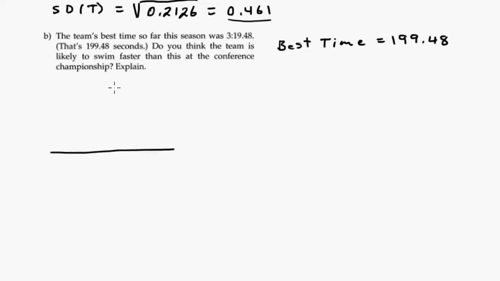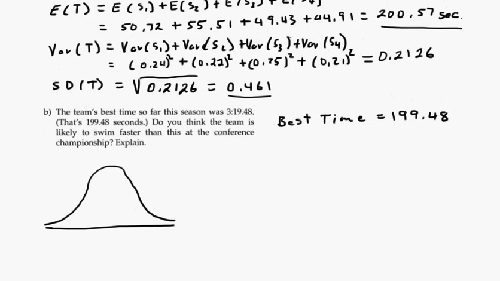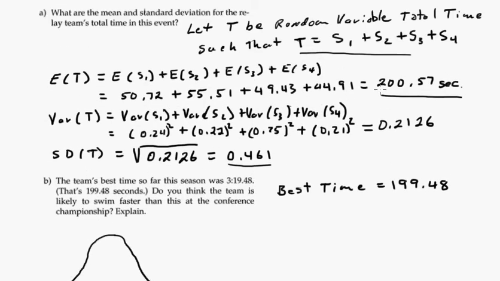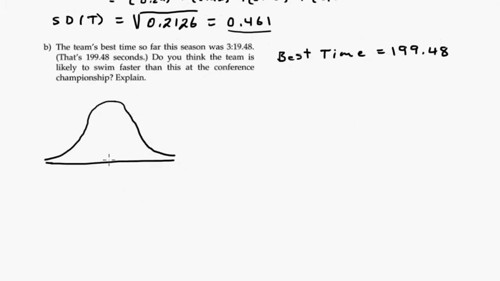The center is the expected value, that's the mean, and we calculated that. It's 200.57 seconds. We'll use this notation too.